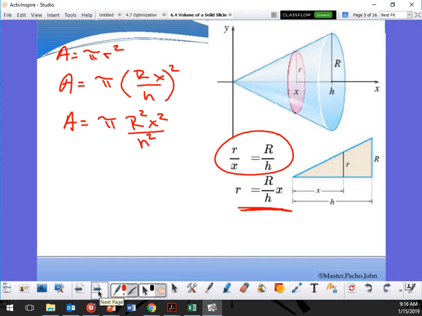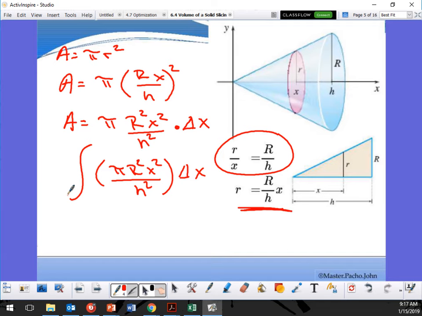We have the area of the cross section, and that's going to be a dx, yes, dx, delta x. Times this is going to give me the whole thing. So it's going to be pi r squared x squared over h squared, times delta x, because that's going to be the thickness.